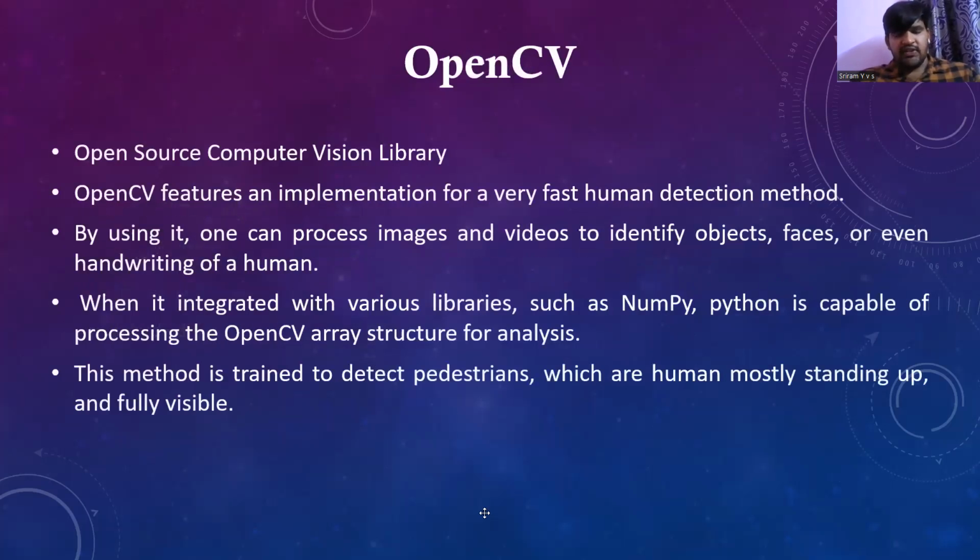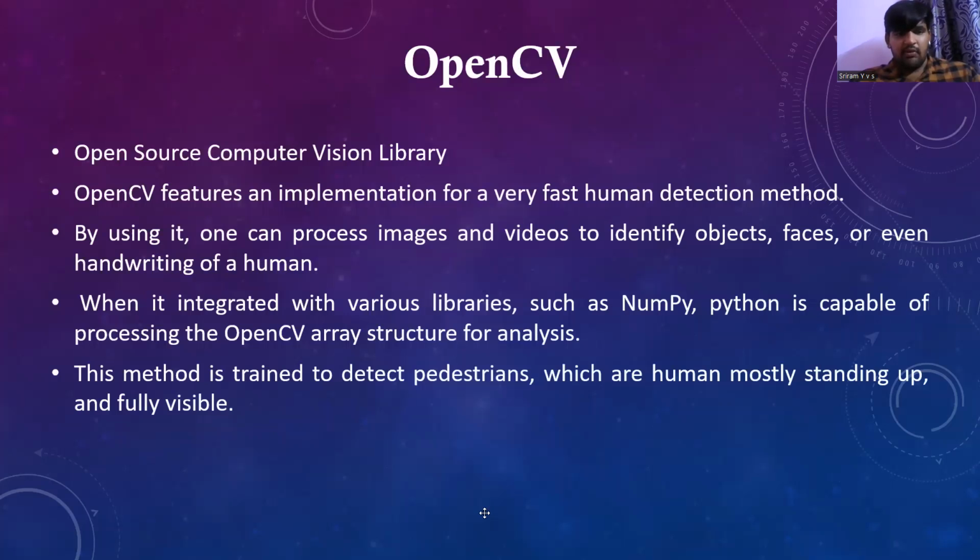OpenCV means open source computer vision. It is a library that helps for faster human detection. By using it, we can process images and videos to identify objects, faces, and even handwriting of the human, etc. This library can be integrated with other libraries such as NumPy.